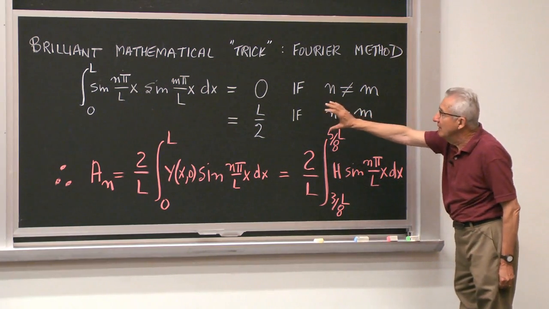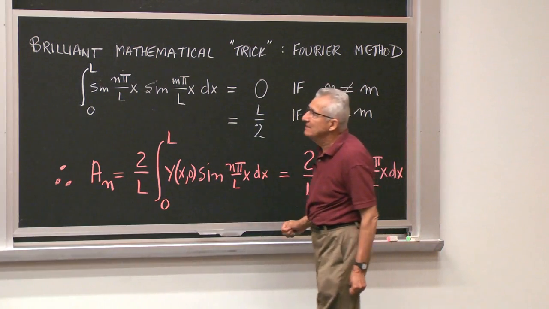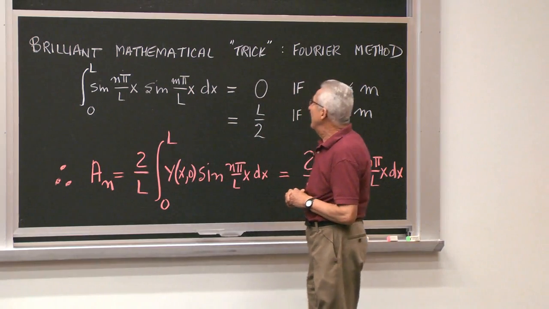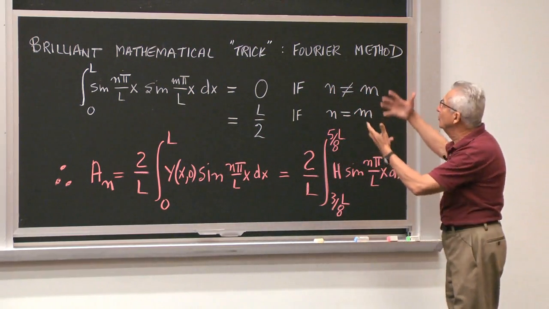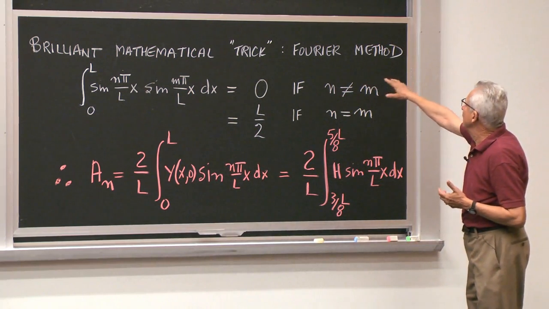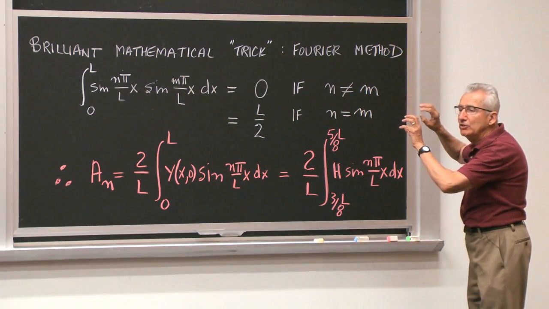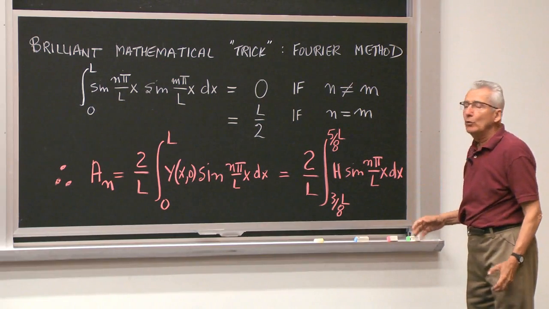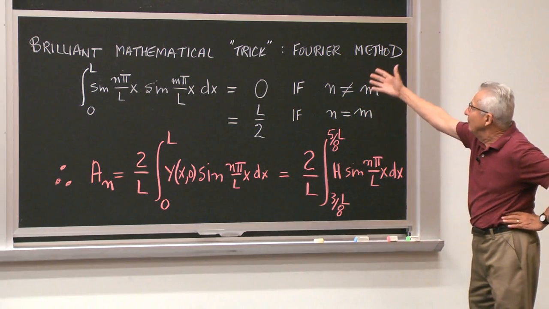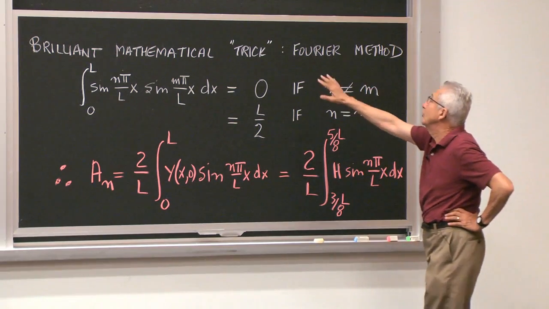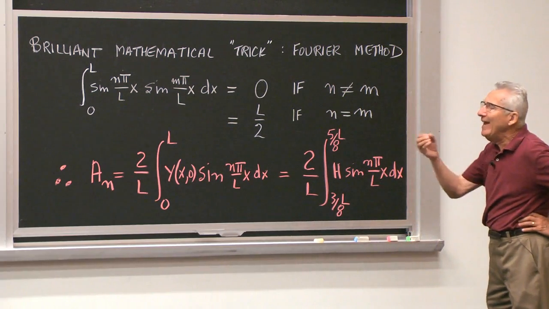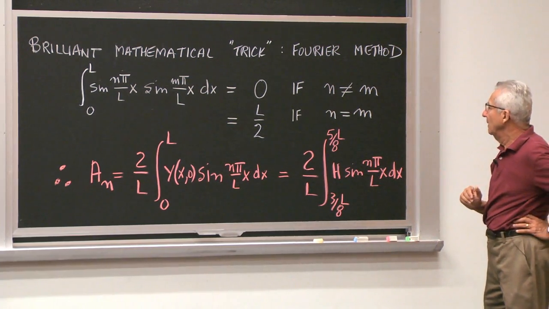This trick allows us to solve for all values of a_n. Now, I did not do the Fourier trick in general. If you go into books, you find the formulation of this trick, known as Fourier's theorem, for any periodic function.